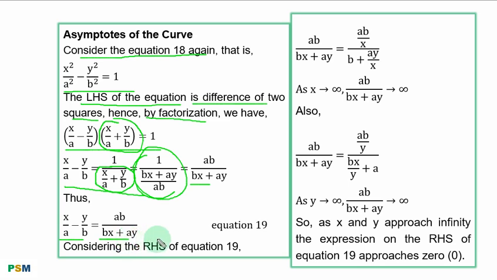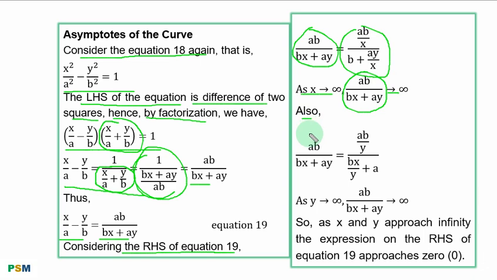That is equation 19. Considering the right hand side of equation 19, divide each term by x. You have this result. As x tends to infinity, this term also tends to infinity.